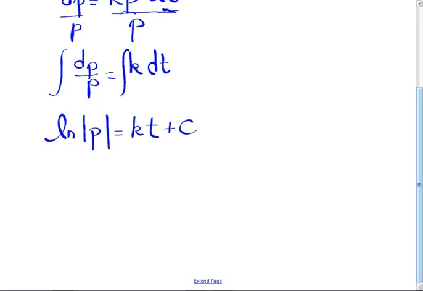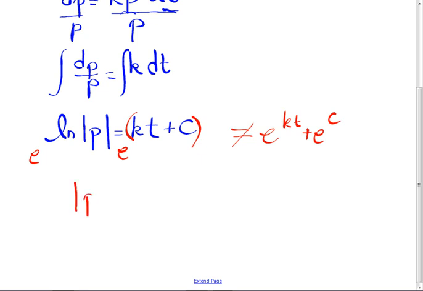Okay, now what do I do? Now what do I do next? I have to exponentiate each side. You can't make that e to the kt plus e to the c. This is the problem I've graded. I saw that a lot. Nope, you can't do that. Don't try to simplify.